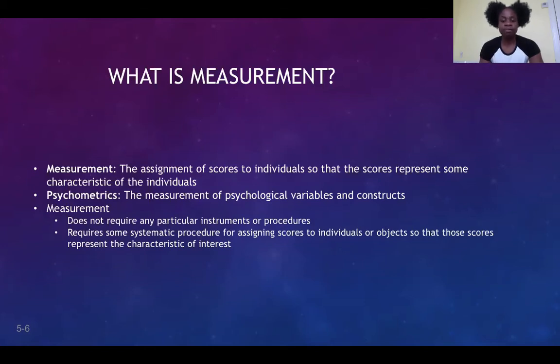The sum of these ratings represents the person's current level of depression. That is an example of psychometrics, psychological measurement.